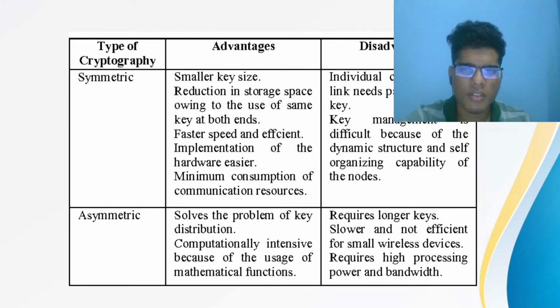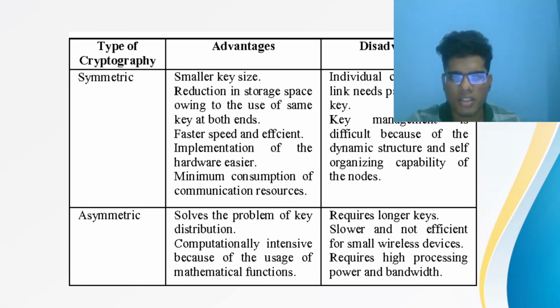The major disadvantage of the symmetric key is key management. Since the encryption and decryption key is the same thing, if someone has compromised those keys or they have been leaked, the total system is compromised.